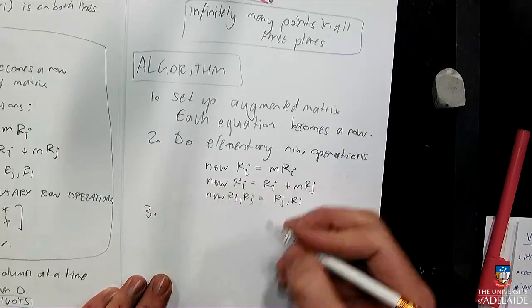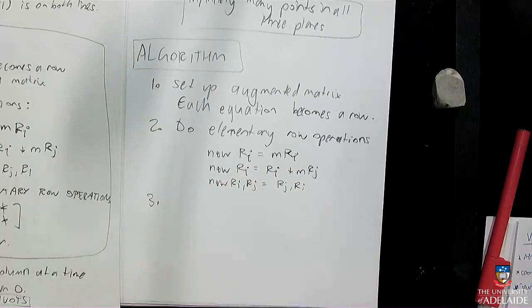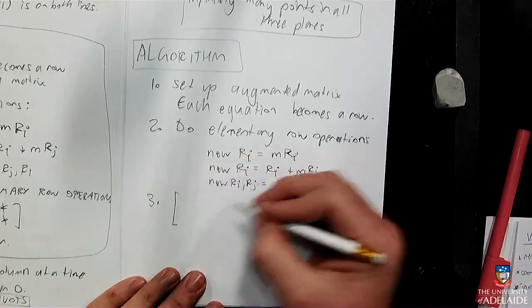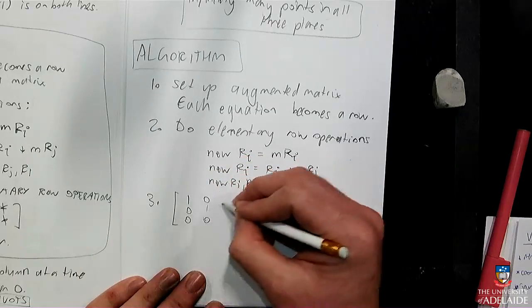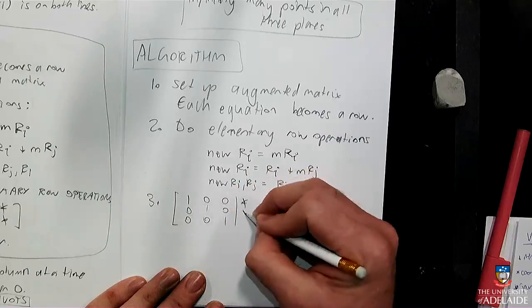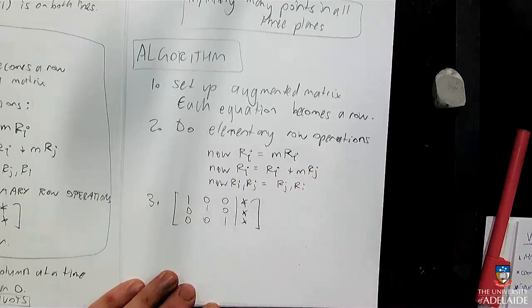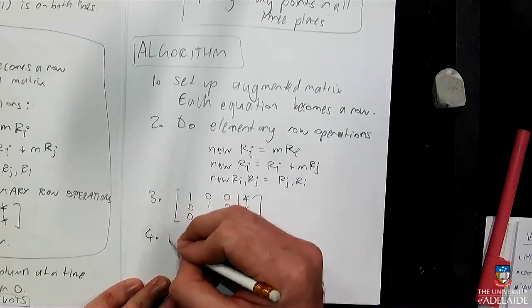All right, and what we want to do is we want to get to having columns with ones and zeros. And then read off the answer.